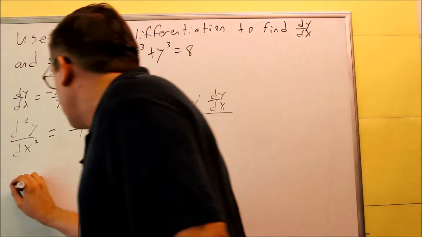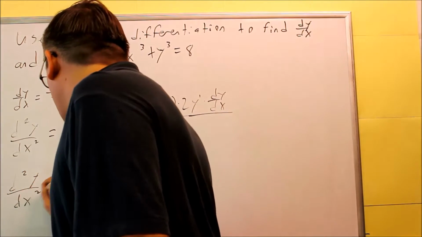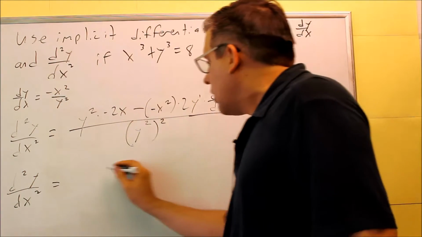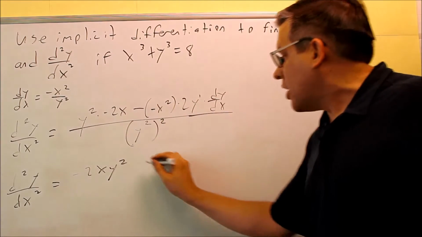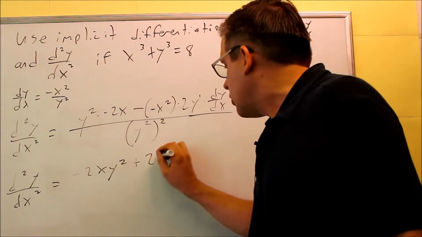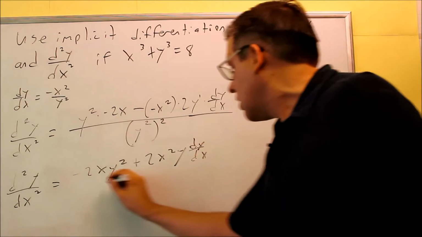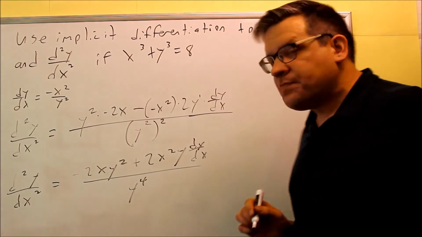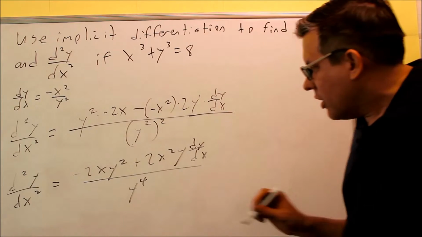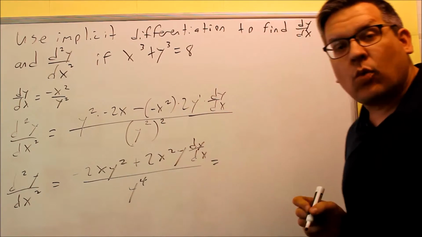Let's clean it up. So d squared y over dx squared is going to equal negative 2x y squared, minus minus is plus 2x squared y dy/dx. All of this is going to be over y to the fourth power. What you can do here is divide each of these things by y to the fourth.